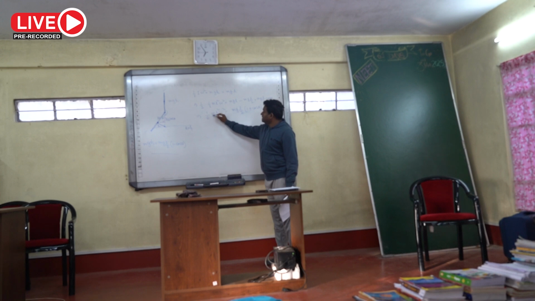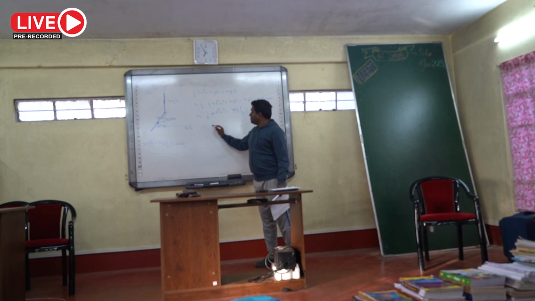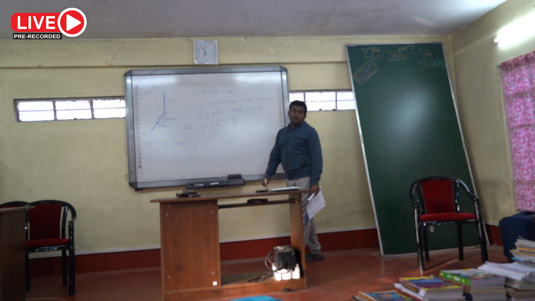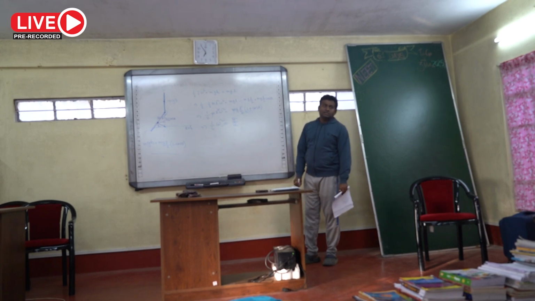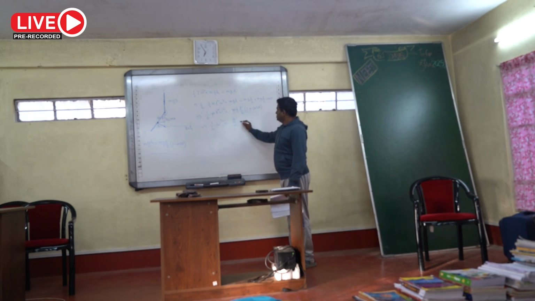Then m cancels, 1 l will cancel, so it will be 1 by 6 omega square equal to g by 2, 1 plus cos theta, that is 2 cos square theta by 2.